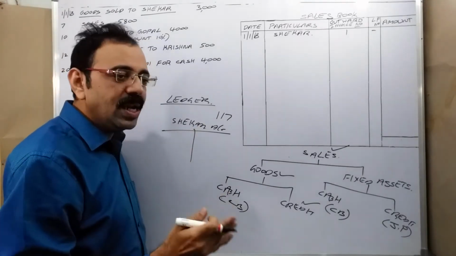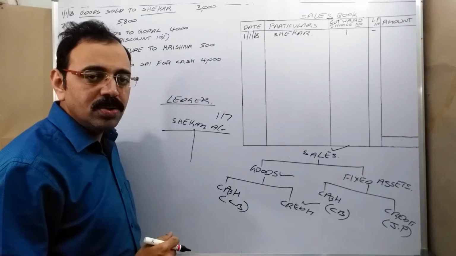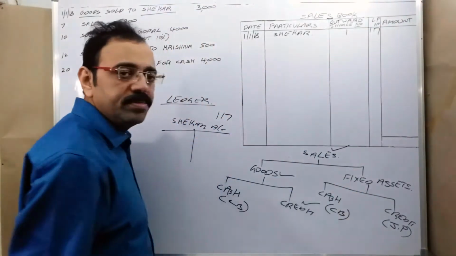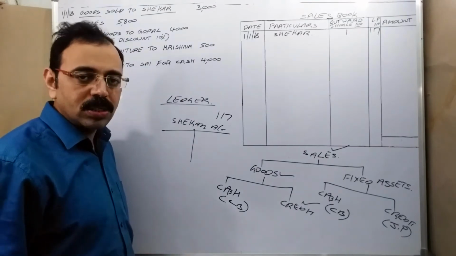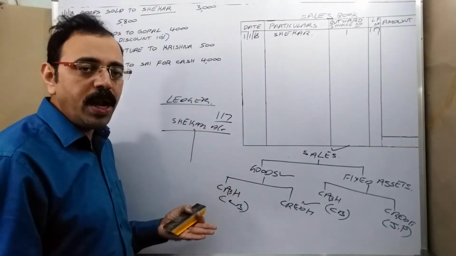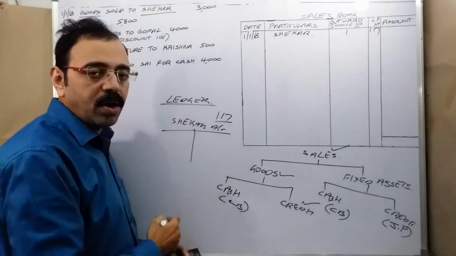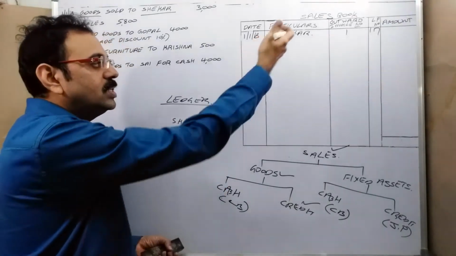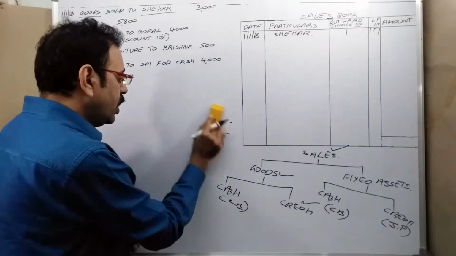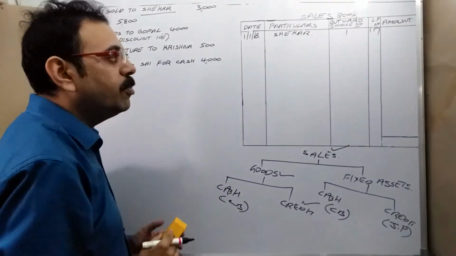Then every page in the ledger we cannot search. So, if you write this 117 here, then it becomes easy for us. Directly, we open page 117 in the ledger, and there we can see the Shaker account. We can know whether this transaction is properly posted or not. That is the use of the ledger folio number column.